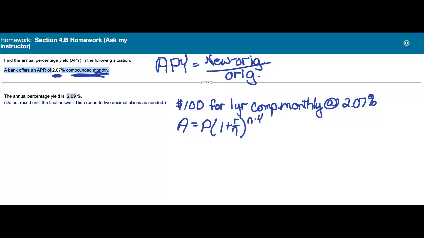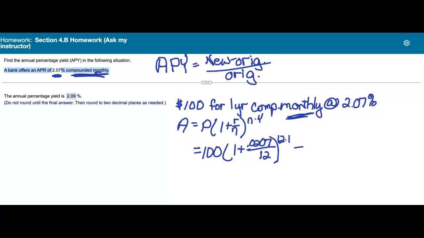In our situation, we're using $100, 1 plus 0.0207. We've got to change that to a decimal. The number of times compounded in a year in this problem was 12. And we're going to raise that to the 12 times 1 year.